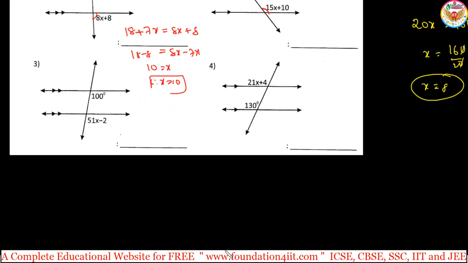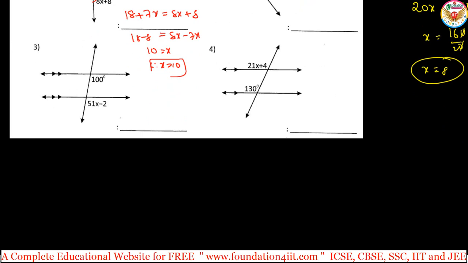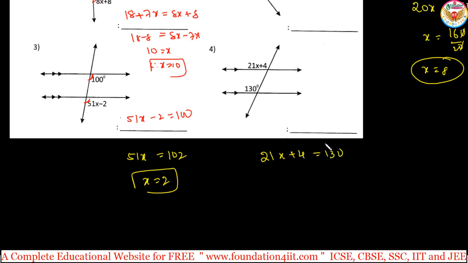Right. So same logic. Okay, here are the corresponding angles. Remember, both are corresponding, right? So 51x minus 2 is equal to 100. Then 51x is equal to 102. Take this side. x is equal to 2. 102 divided by 51. Same, corresponding. 21x plus 4 is equal to 130.